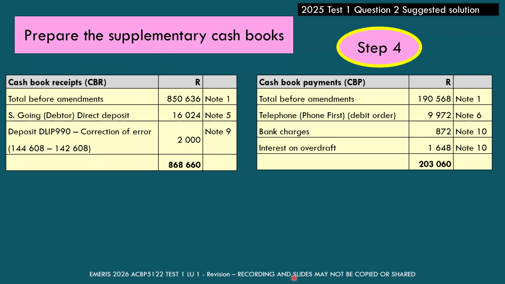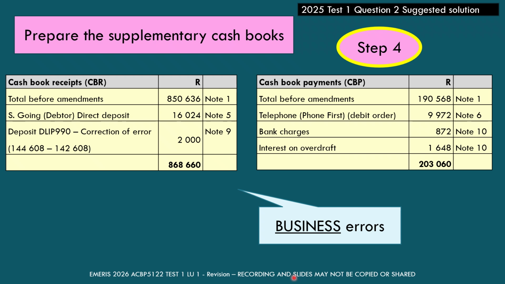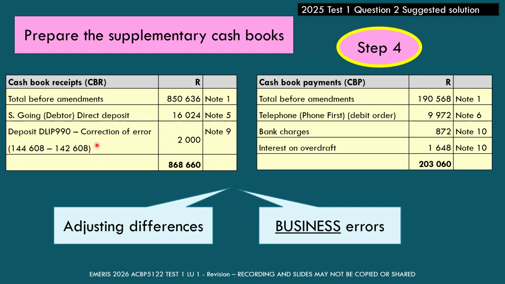So in other words, in my 2 supplementary cash books, I've got business errors like this one here for number 9, where we made a mistake on a deposit slip, and I've got the adjusting differences. Those are the only entries that we are going to add into our 2 cash books: adjusting differences and business errors.